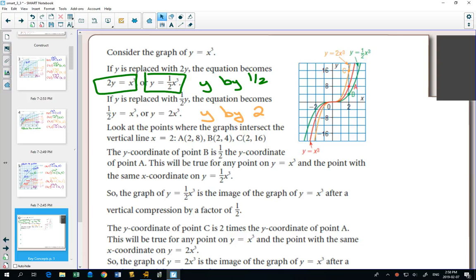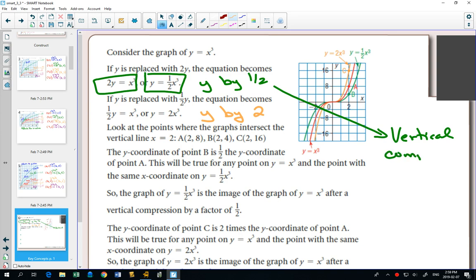Okay? Some of the language that we'll use. When you multiply y by a half, we will call it a vertical, and anytime you're squishing something, we use the word compression. And then you write by a factor of 1/2.